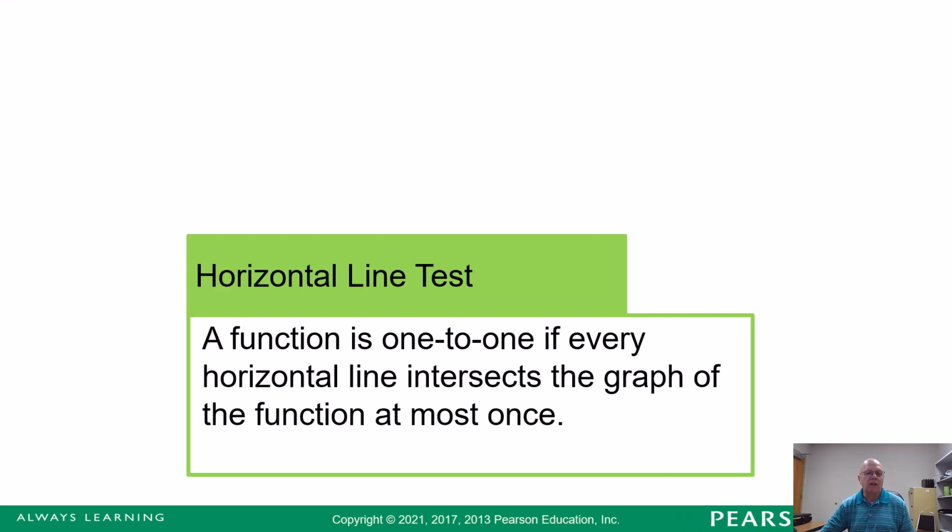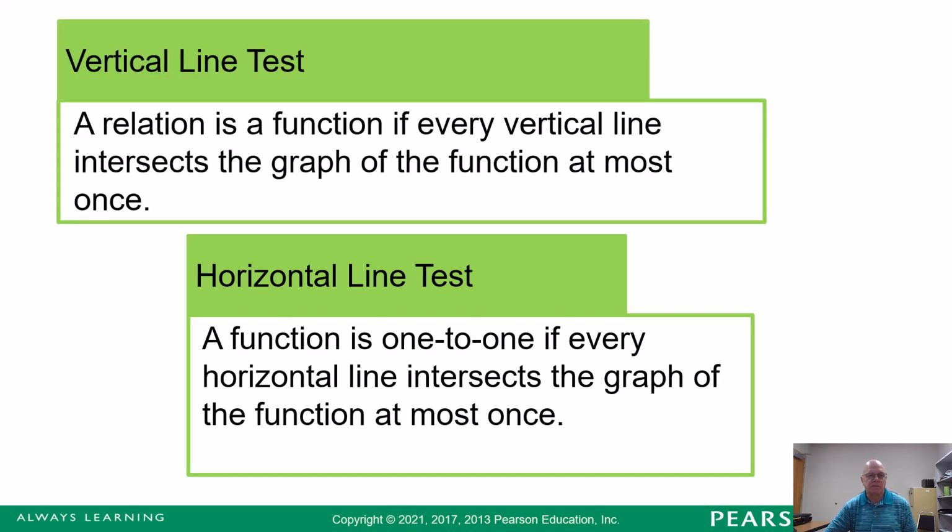So it's one-to-one if every horizontal line intersects the graph at most once. So it might be 0, it might be far away from the graph, or it might cross it once. If it crosses twice or more, it's not a one-to-one function. Just a reminder about the vertical line test.